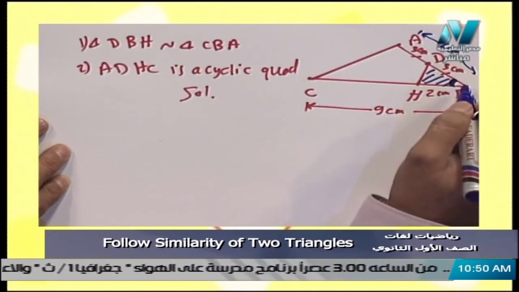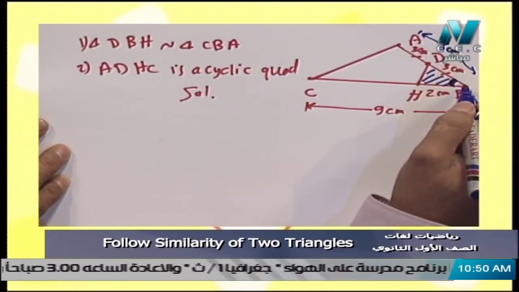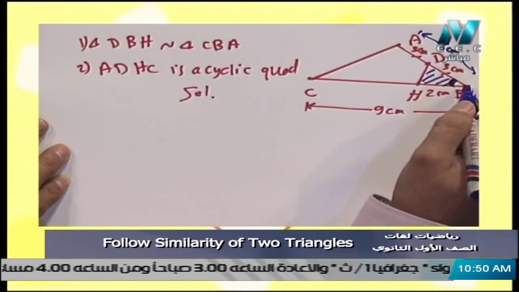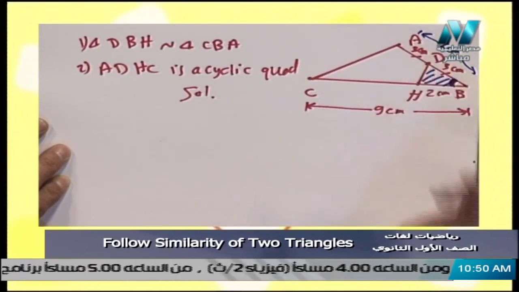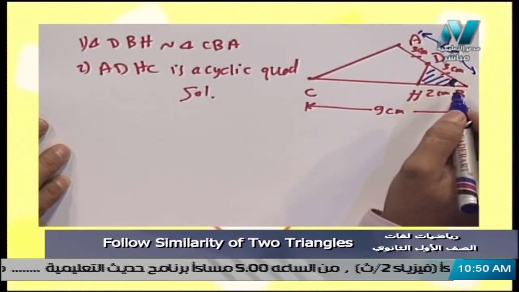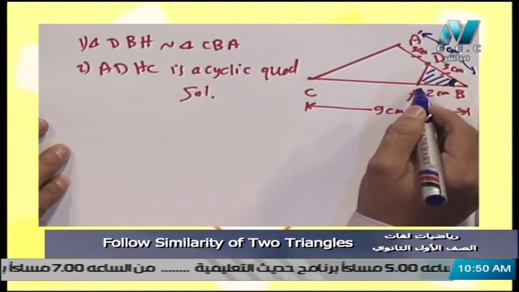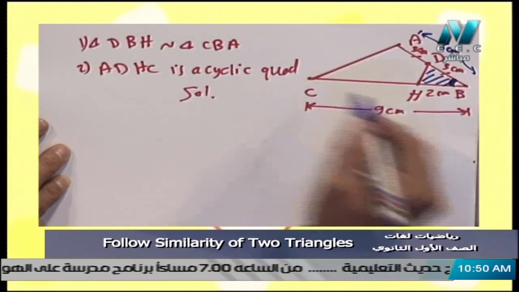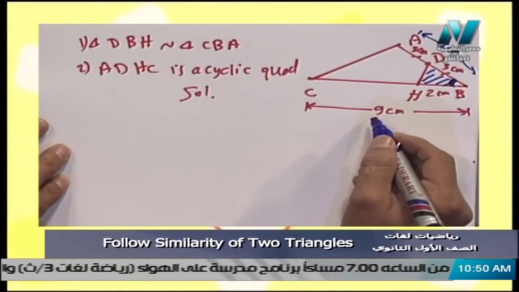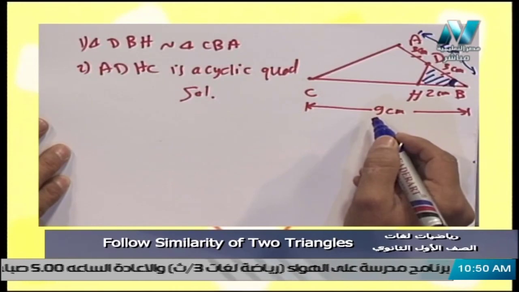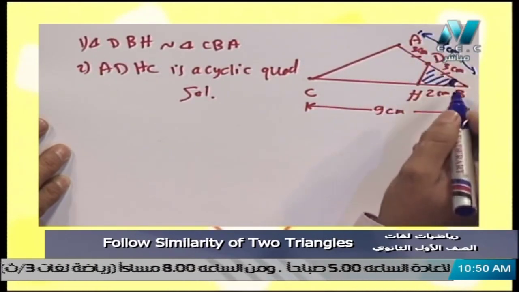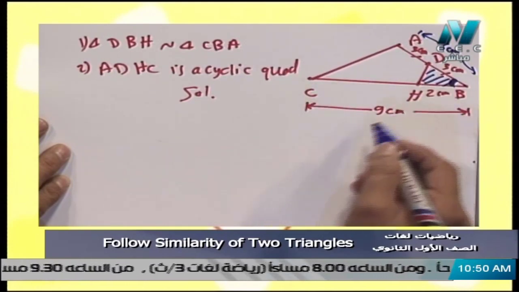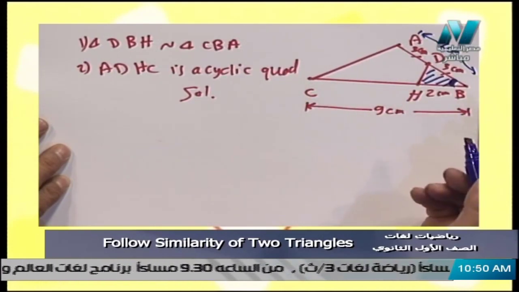And if we divide BD over BA, 3 over 6 equals half. What about the other side? BH over BC is 2 over 9, and it is impossible to be equal, because BD over BA equals half, but BH over BC equals 2 over 9, and they are not equal.